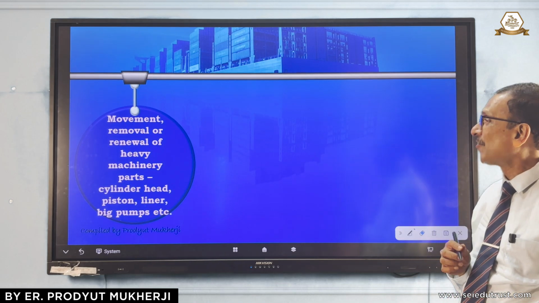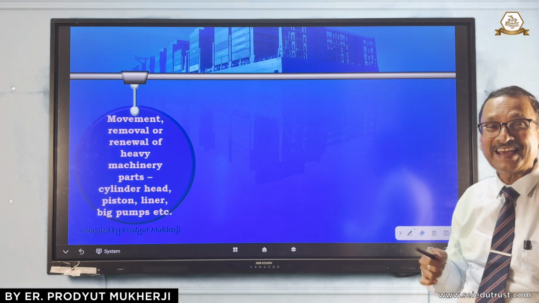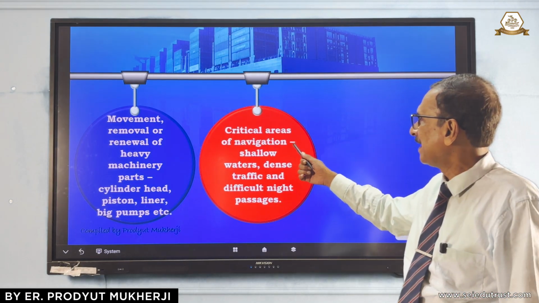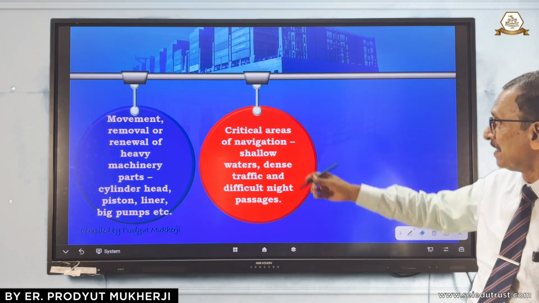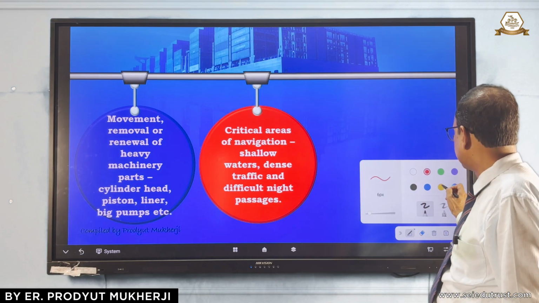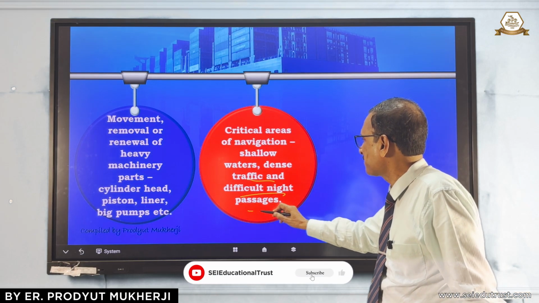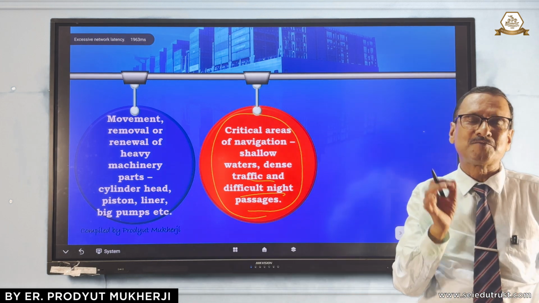Movement, removal or renewal of heavy machinery parts, cylinder head, piston, liner, big pumps, etc. Critical areas of navigation, so long we were seeing the machinery space. Critical areas of navigation, shallow waters, dense traffic and difficult night passages, all these require risk assessment.